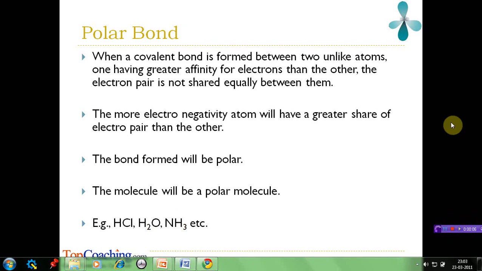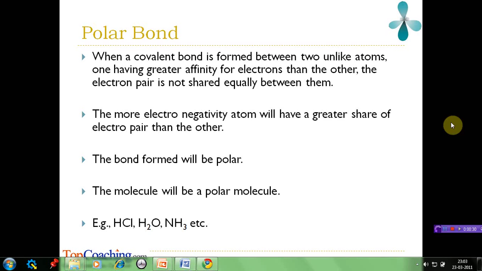The opposite of the non-polar bond is the polar bond. When a covalent bond is formed between two different or unlike atoms, one having greater affinity for electrons than the other, that is, one atom is more electronegative than the other, the electron pair is not shared equally between the two. Instead, the more electronegative atom will have a greater share of that electron pair.